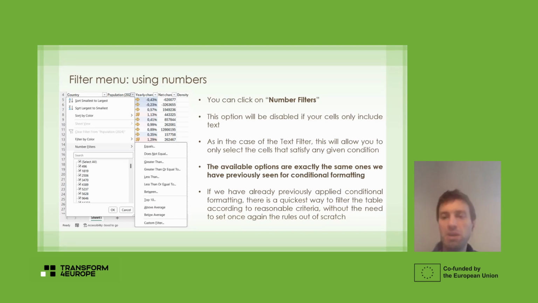So it's very easy to do that. But what generally happens is that you are usually working on tables where you have already applied some conditional formatting. So since setting up new rules for filtering might require time, why not exploit existing conditional formatting that we have already added before for filtering tables? This can be done very, very easily, okay?